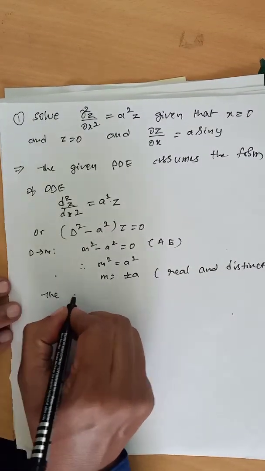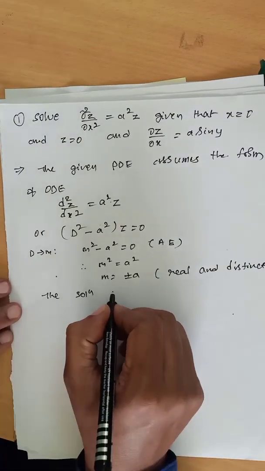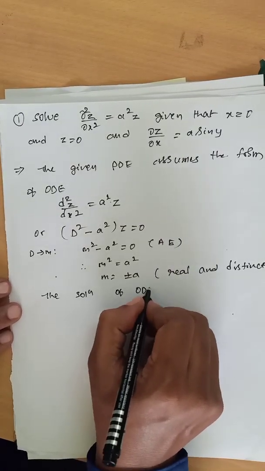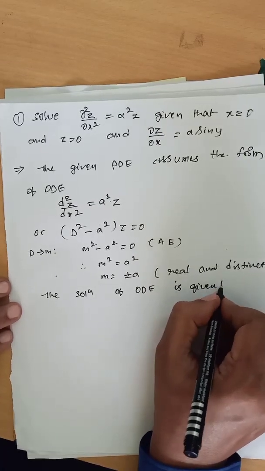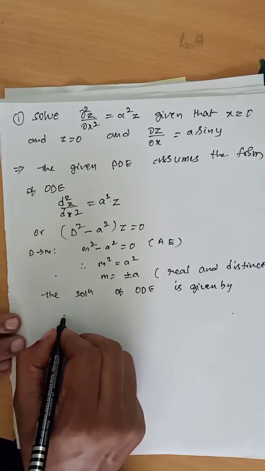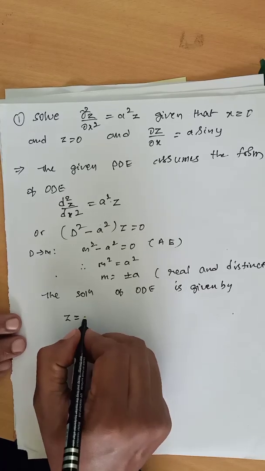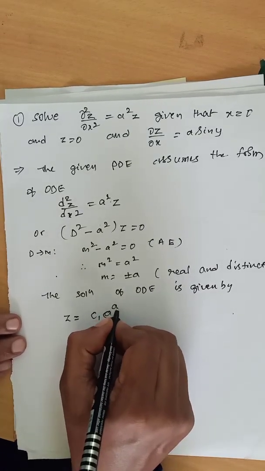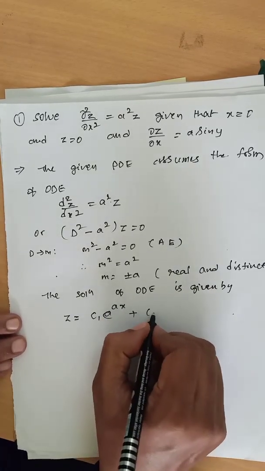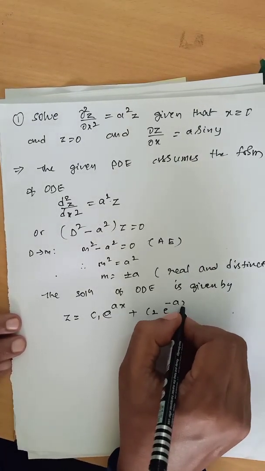The solution of the ordinary differential equation is in the form of the dependent variable z = c1 e^(ax) + c2 e^(−ax).